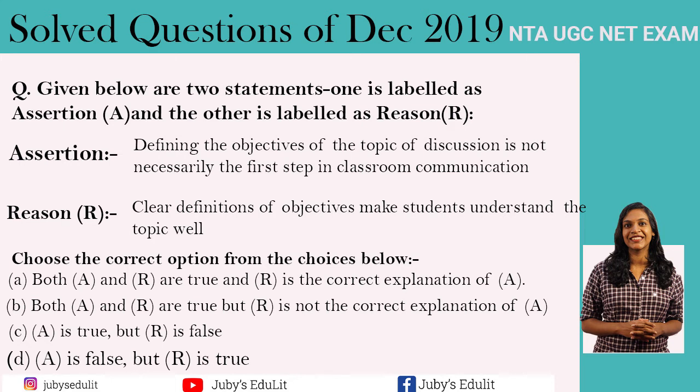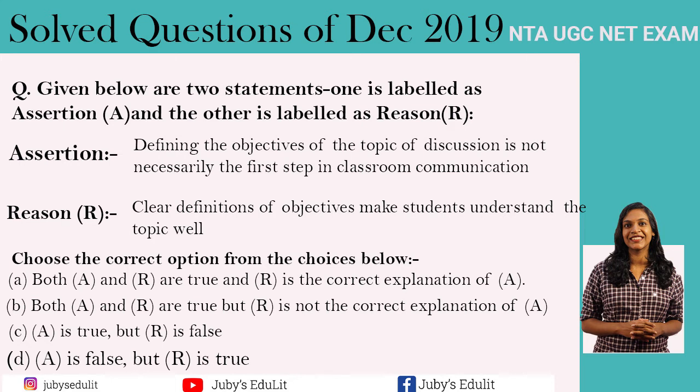So we can eliminate those options which say the assertion is true. Thus we can eliminate option C, which says A is true, and also A and B, because it says both A and R are true. Of course, we know the assertion is wrong here. And now let's see if the reason is false or true. The reason is: clear definitions of objectives make students understand the topic well.